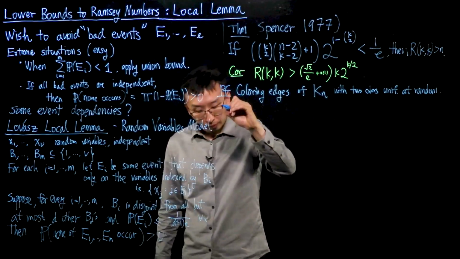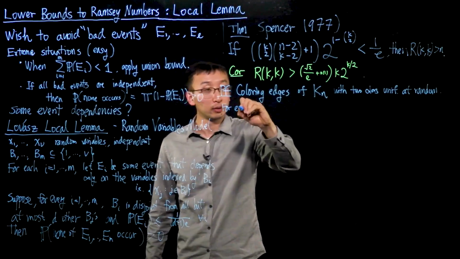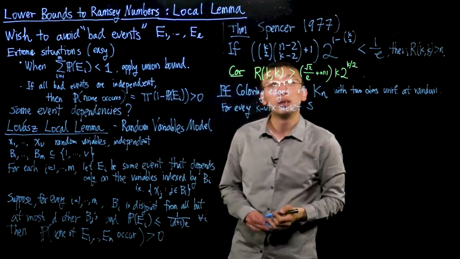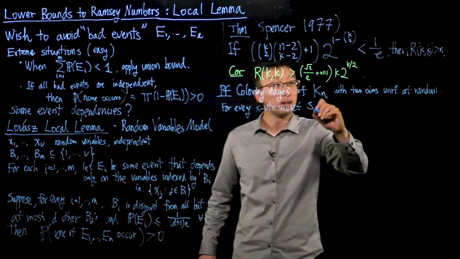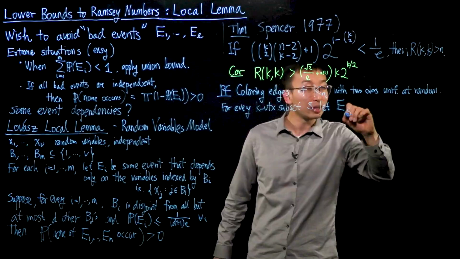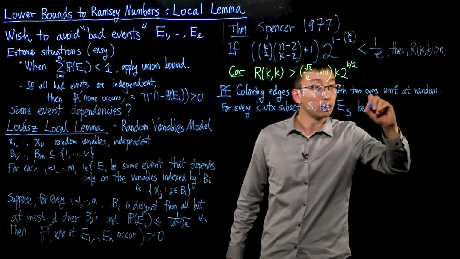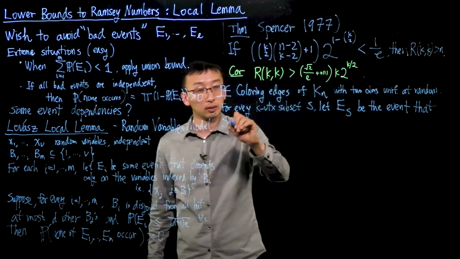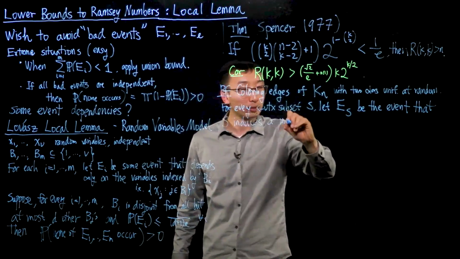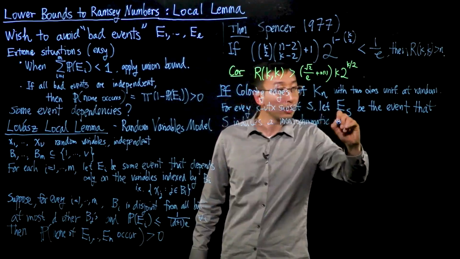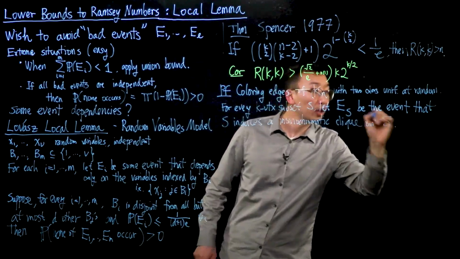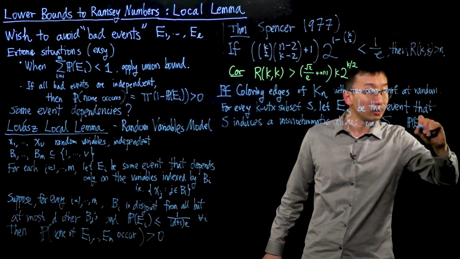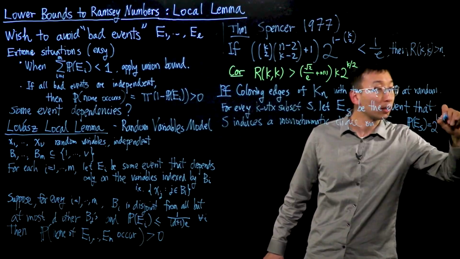And also, similar to the first proof that we saw, for every k-vertex subset S, let us define a bad event E sub S to be the event that S induces a monochromatic clique on the vertices in S. And we also saw earlier that the probability of this bad event is 2 raised to 1 minus k choose 2.